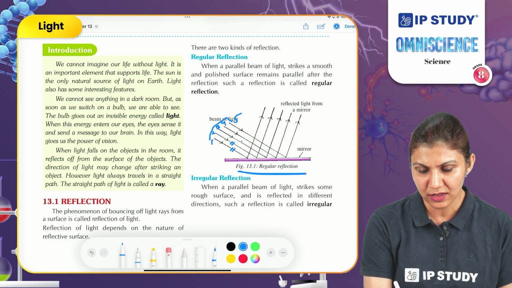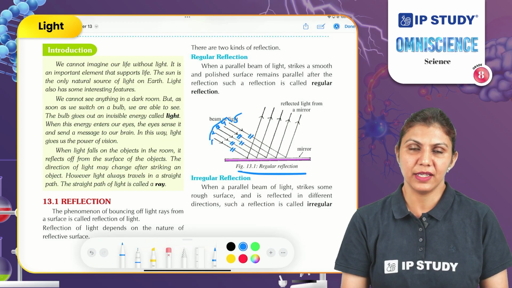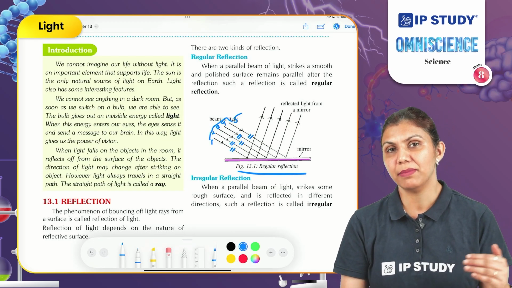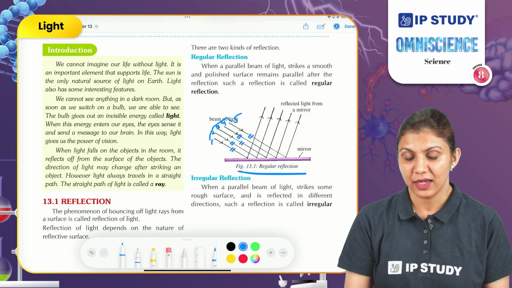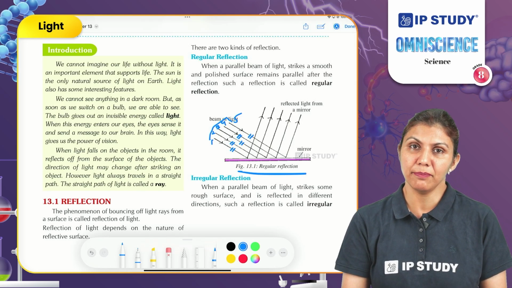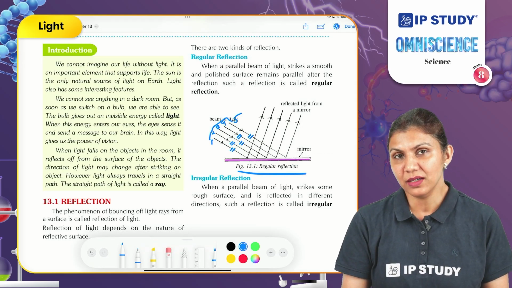So, in a light beam, there can be multiple light rays traveling parallel along each other in a certain direction. This will continue the same pattern of movement until it is reflected from a surface.